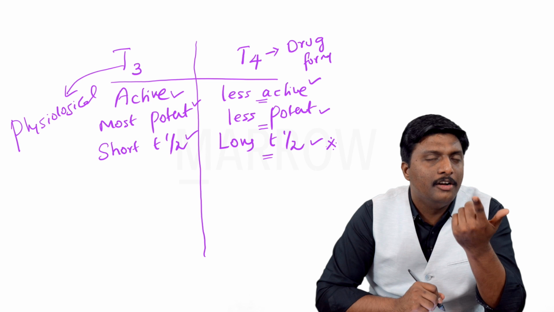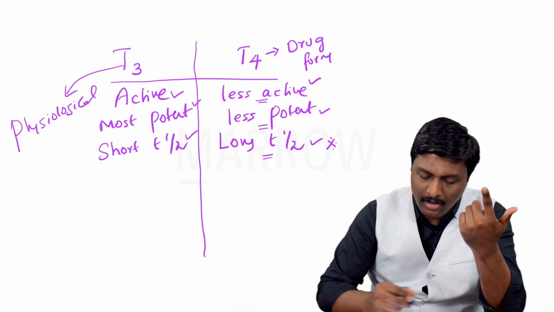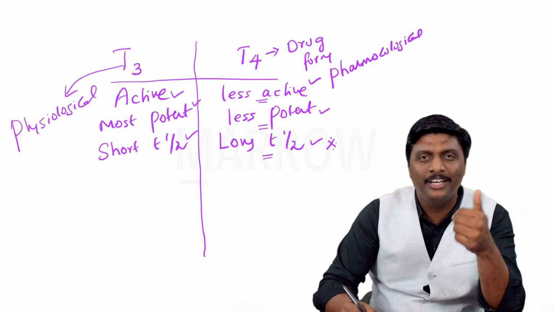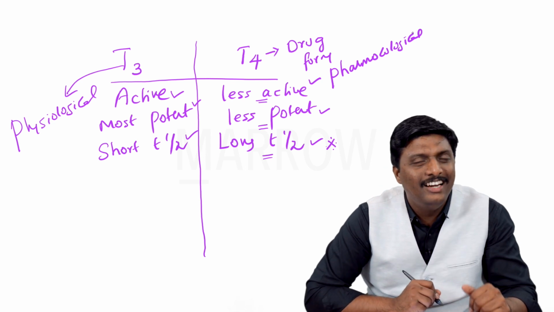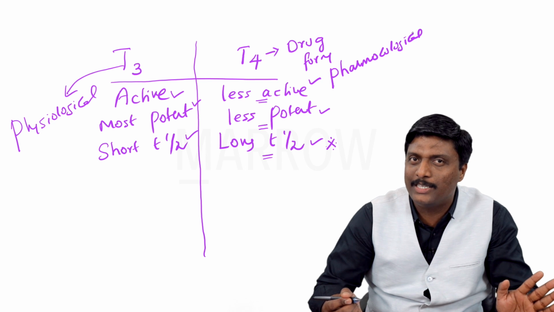Kindly make a note. Drug form is always T4. Long half-life. Always remember the collective MCQ point: T4 is always pharmacological, T3 is always physiological. That's all. Very important MCQ.